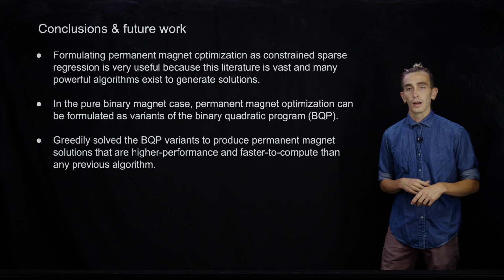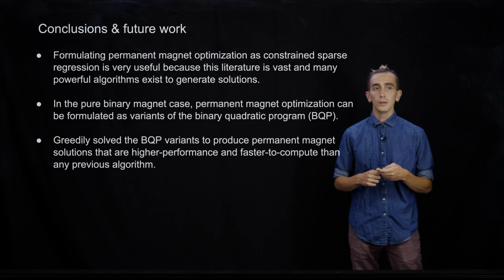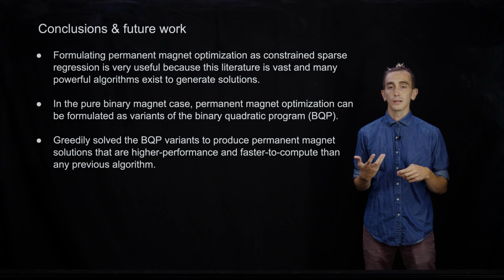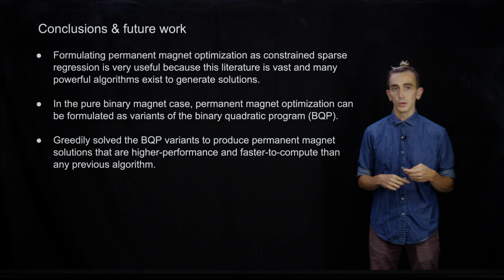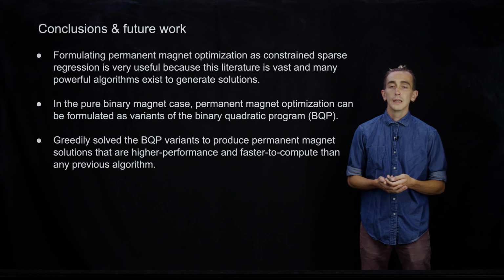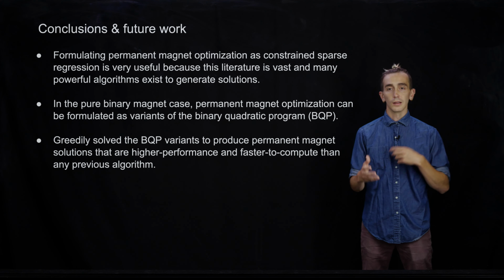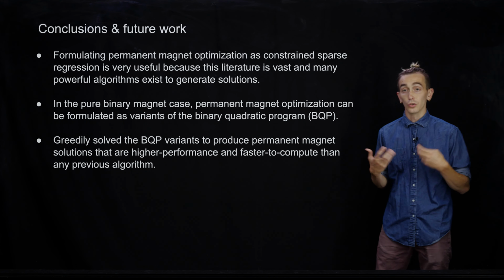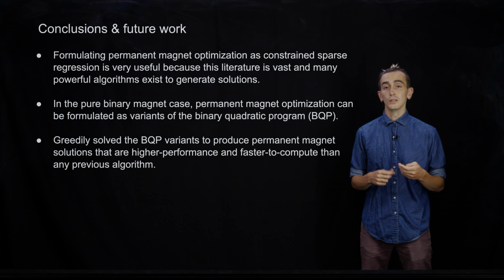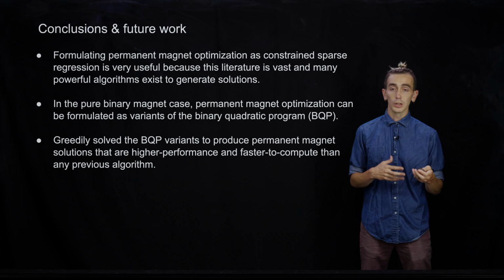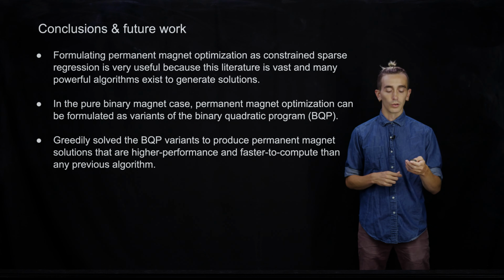And lastly, we greedily solved these BQP variants to produce permanent magnet solutions that we have shown are higher performance and faster to compute than any previous algorithm. So we're really pleased that even though these methods are greedy, which tend to be suboptimal, we've shown that with these greedy algorithms you can get extremely good solutions on certain permanent magnet grids.